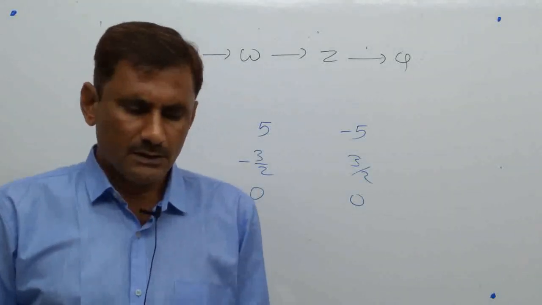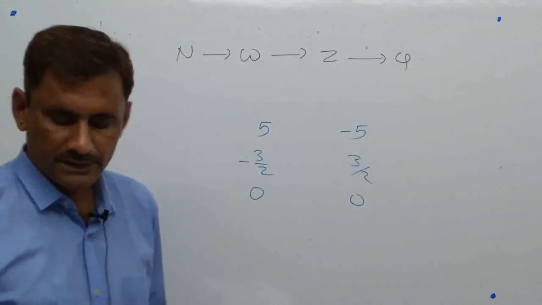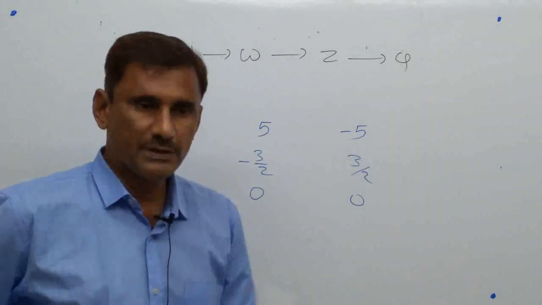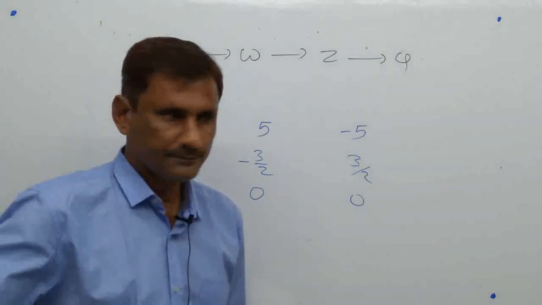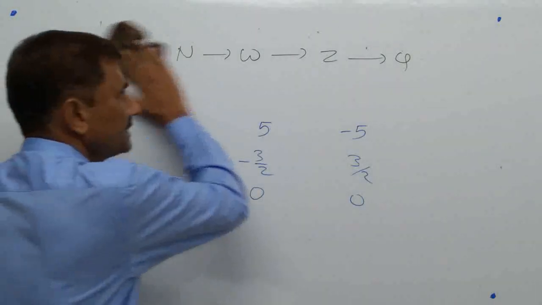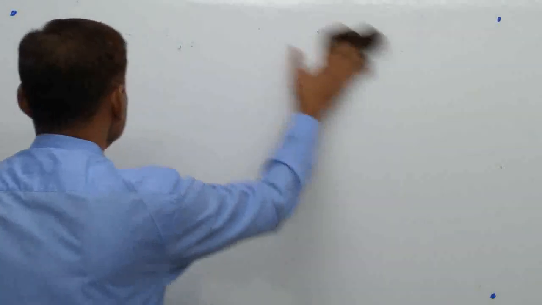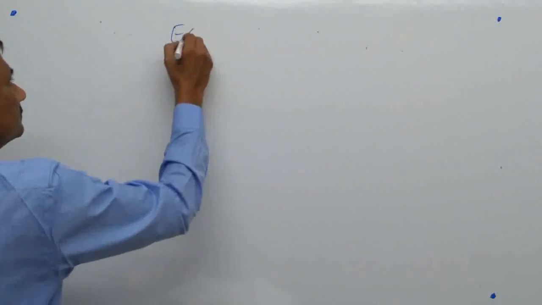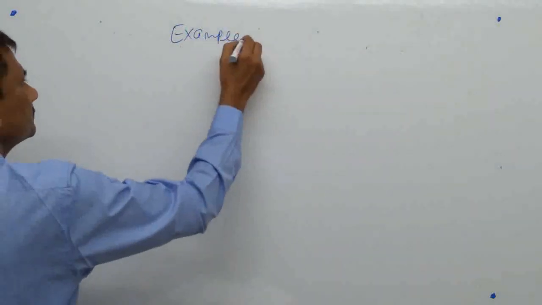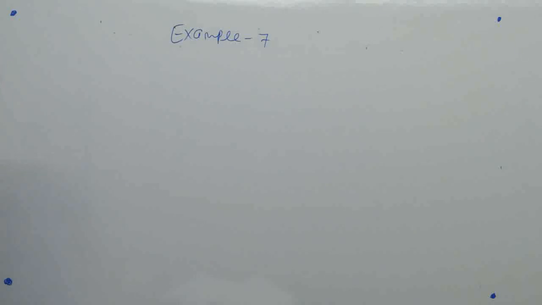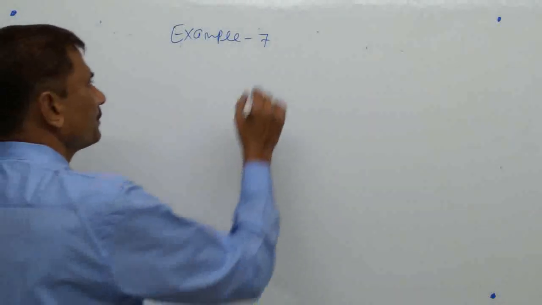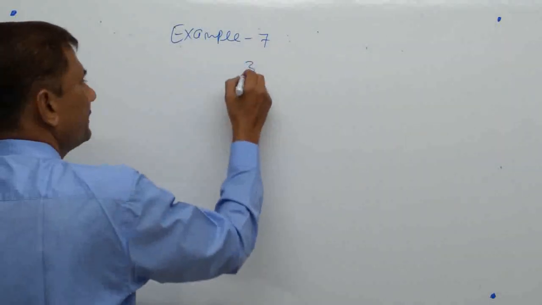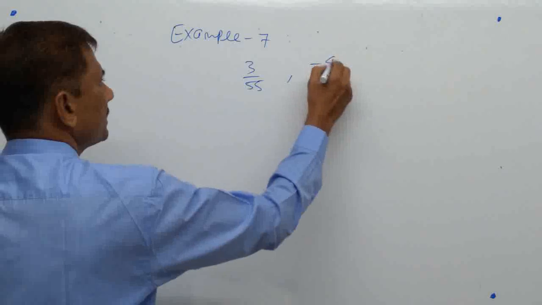Okay, now look at example number 7. They want to add 3 by 55 and minus 4 by 55.